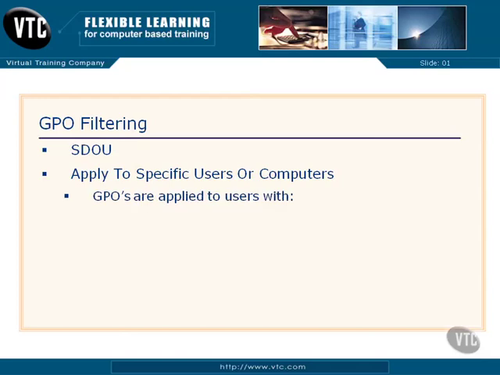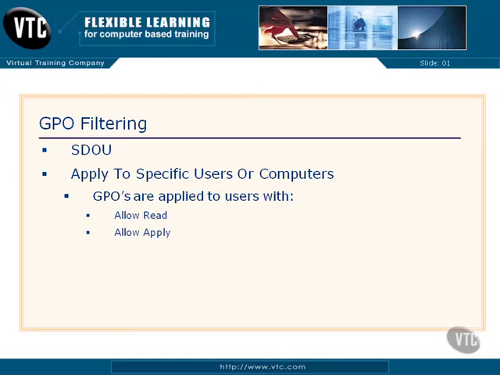Notice that GPOs get applied to users and security objects that have the allow read and the allow apply permission, because again, everything here is an Active Directory object and everything here has security principals attached, and we can manipulate those.